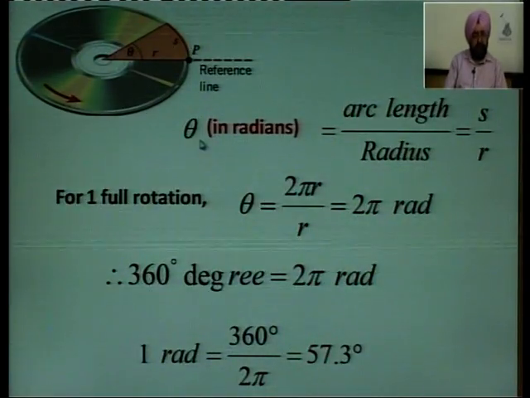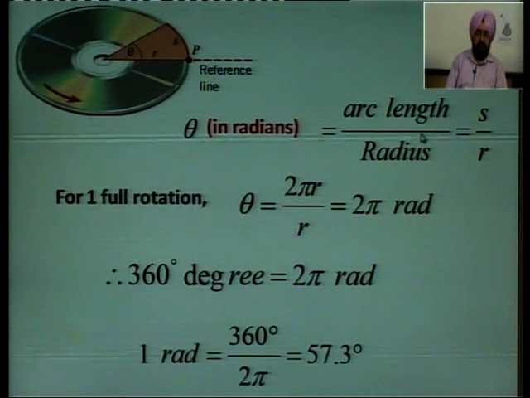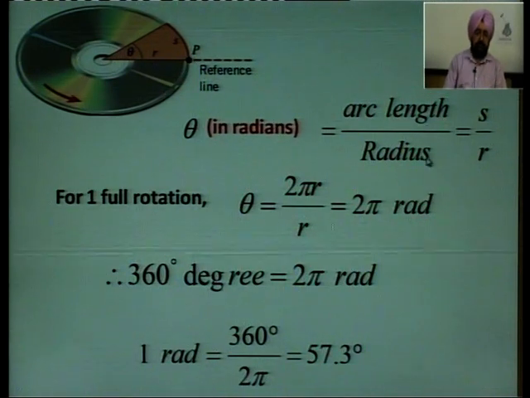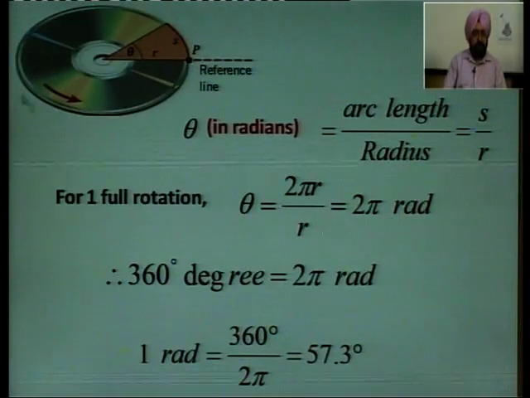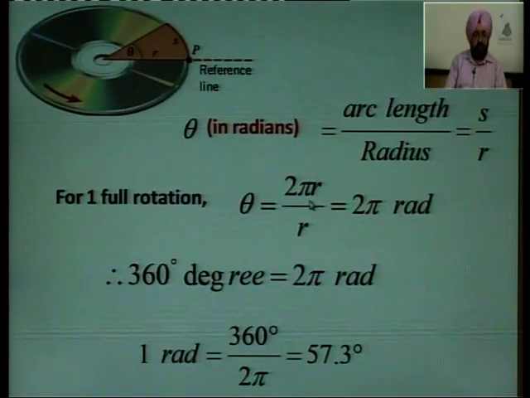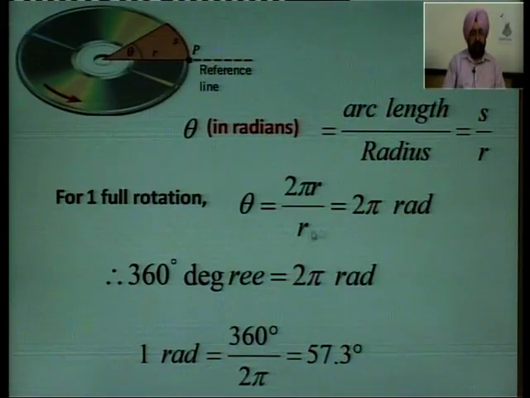And we had described angular displacement theta as arc divided by radius. If you go through the full circle, then what is the circumference? It is 2 pi r. So, the length that you will cover while moving through the whole circle on the CD will be 2 pi r. If radius is r, then 2 pi r divided by r gives you 2 pi radians.